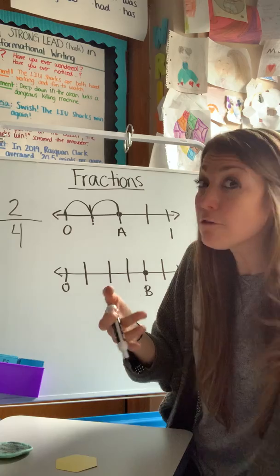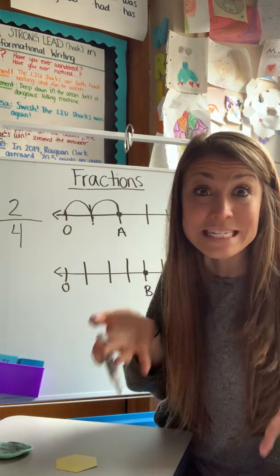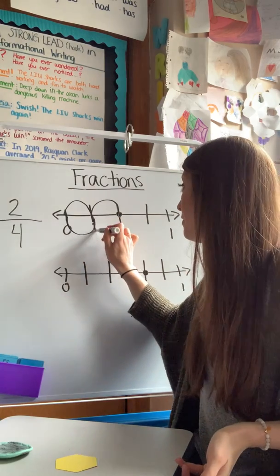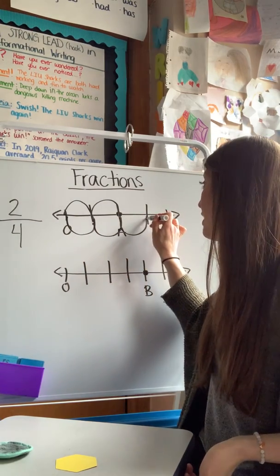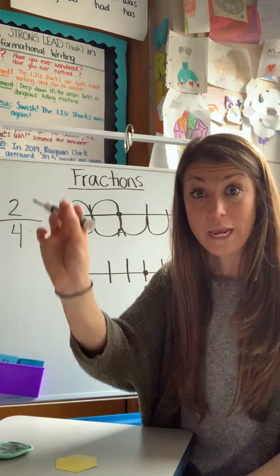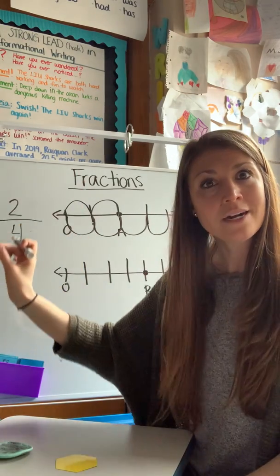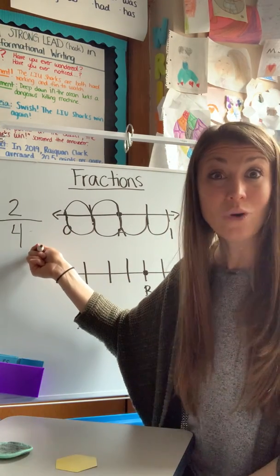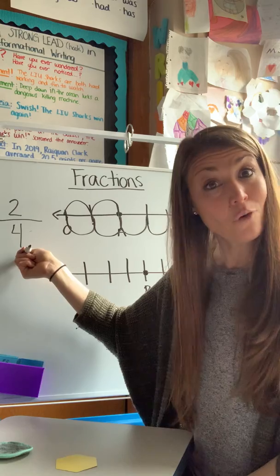But even if you don't know about Frankie the Fraction Frog, you can still figure it out by just 1, 2, 3, 4. I know that I just swam or moved 4 times to get from 0 to 1. So my fraction, point A, is 2/4.